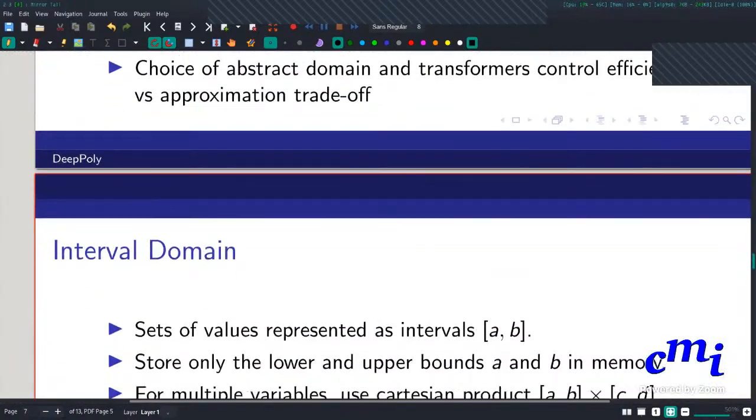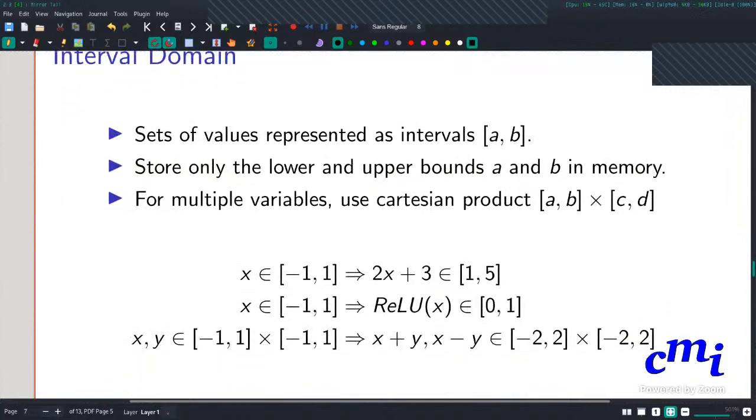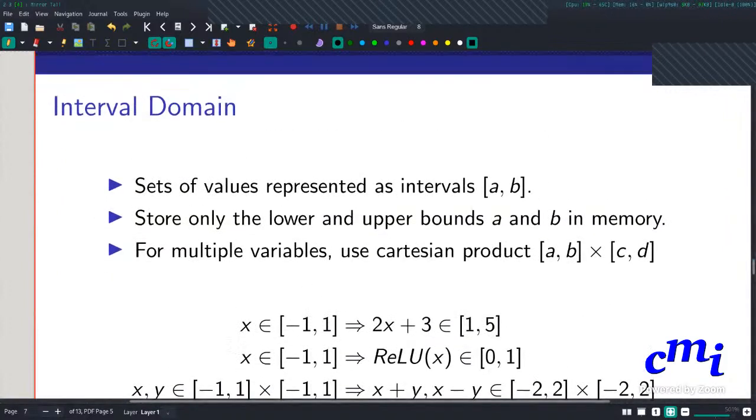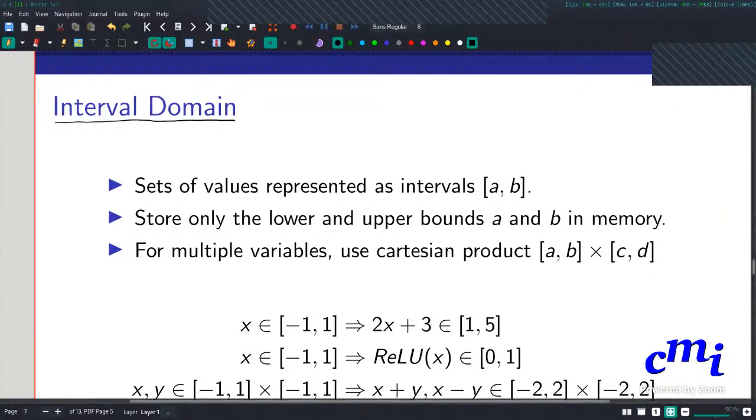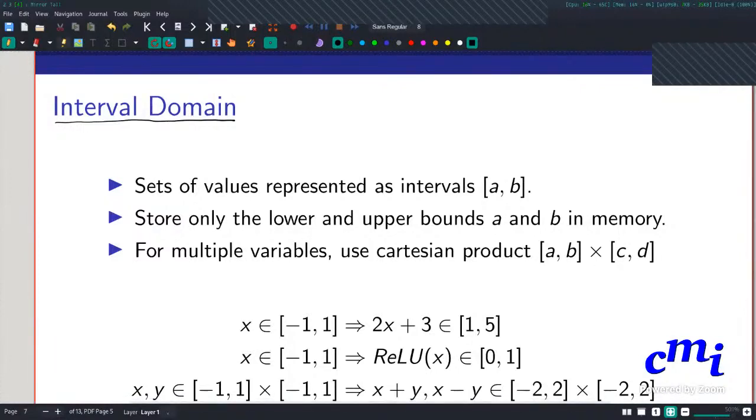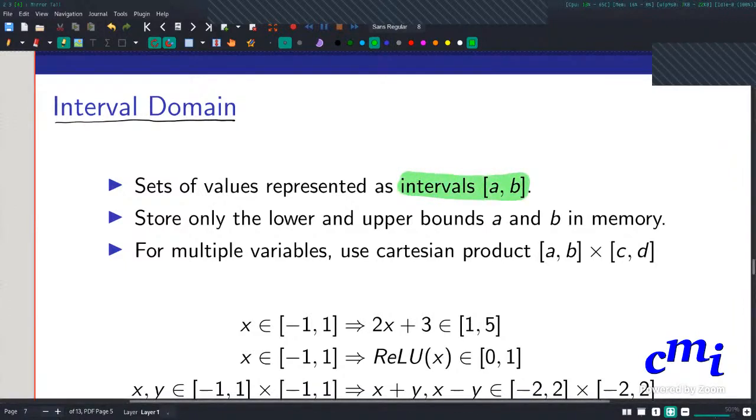So now I'm going to introduce this particular abstract domain, which is called the interval domain. The interval domain is again something that we've already been seeing. Here, each one of our sets of values is represented as an interval, right? So our sets are basically just intervals.